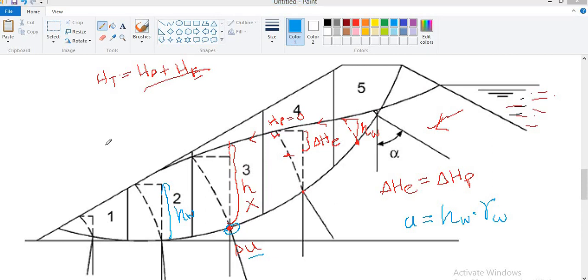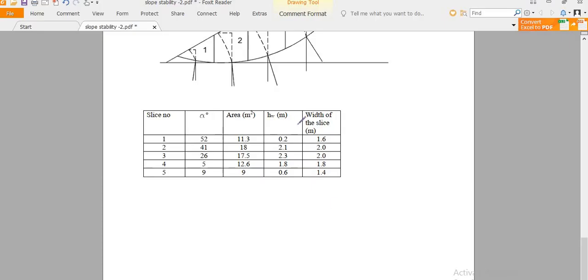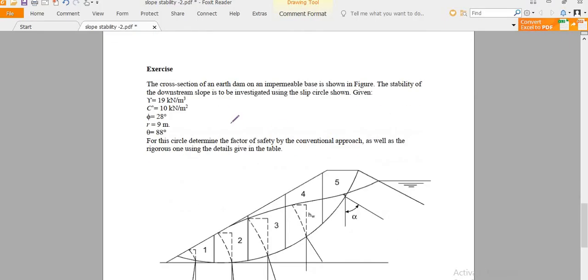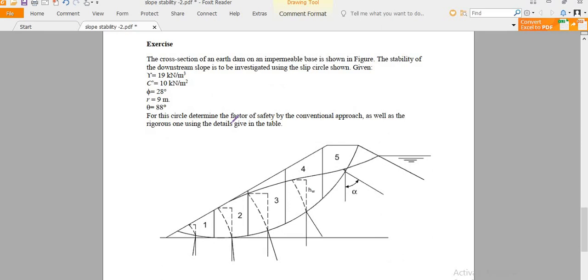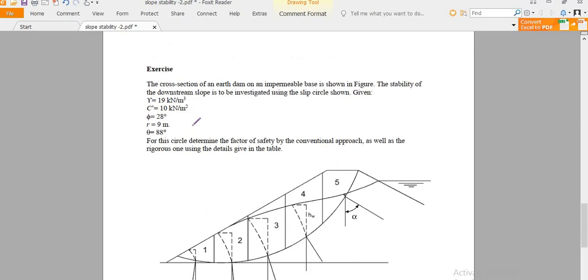So let's look at an example, and do this again using a tabular form. In this handout there is an exercise.